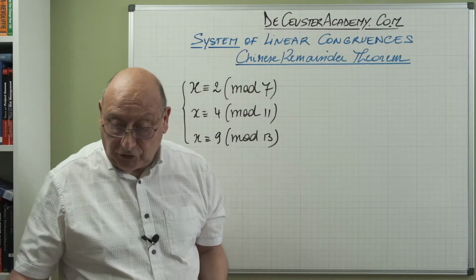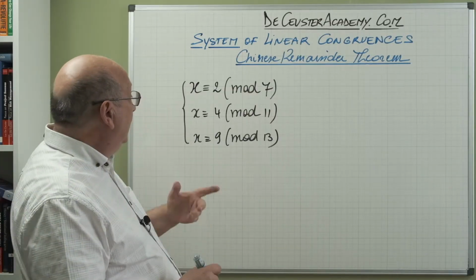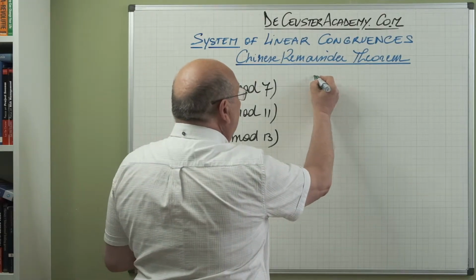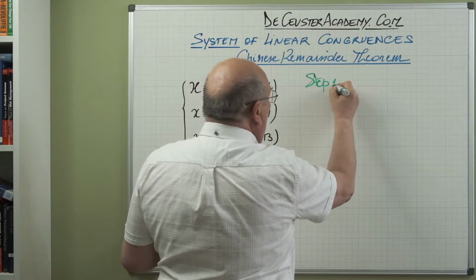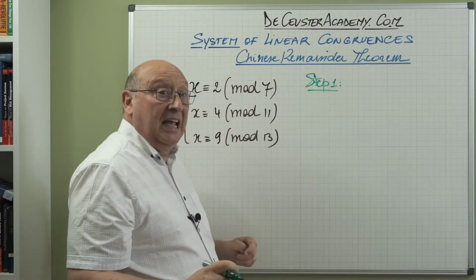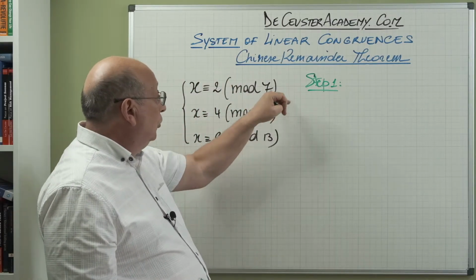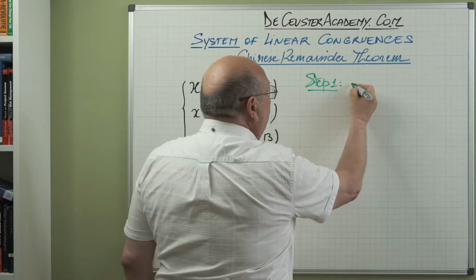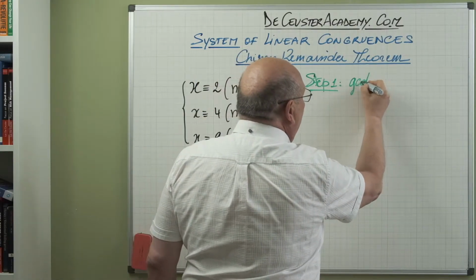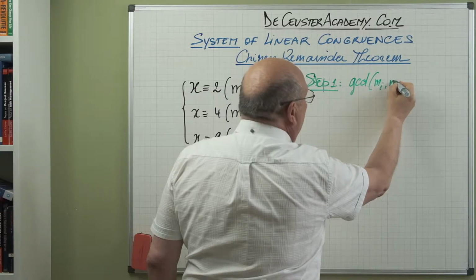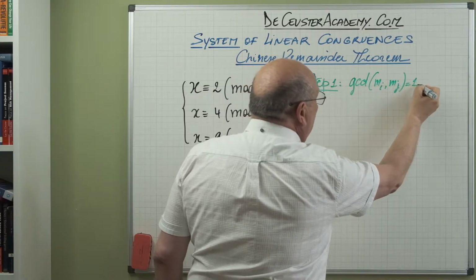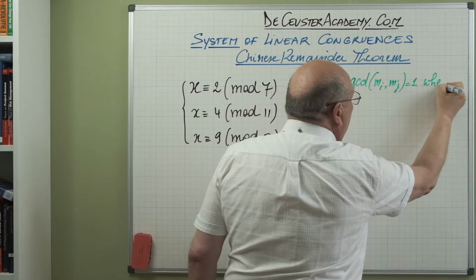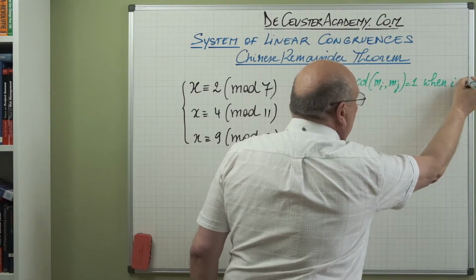Let's now go through the different steps like we did before. First of all, step 1. We have to verify if those moduli are relatively prime. So it means that we have to verify if the GCD of Mi and Mj is equal to 1 when i is not equal to j.